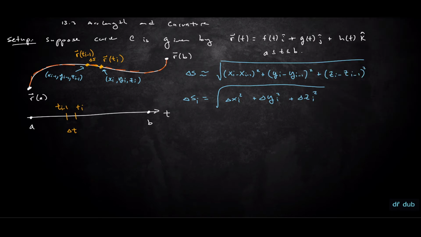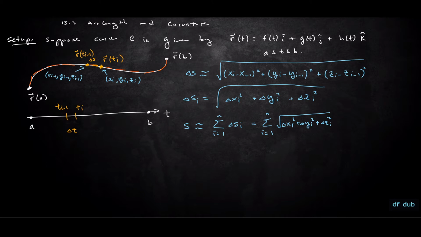So s, the total arc length, will be approximately the summation i equals 1 to n of delta s i, which would be the summation i equals 1 to n of the square root of delta x i squared plus delta y i squared plus delta z i squared. So that would be approximately the arc length s.